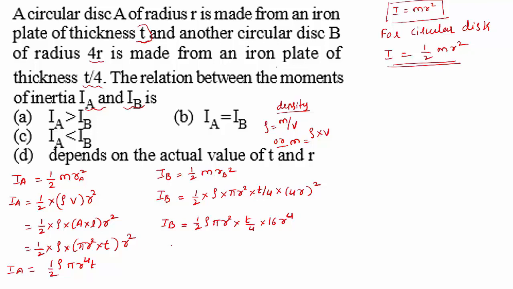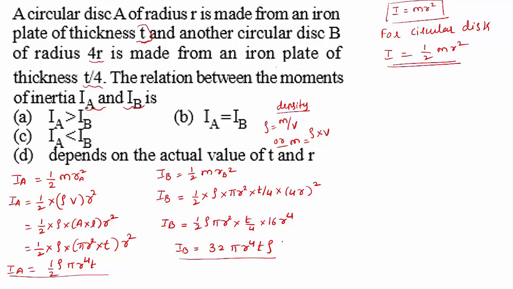Now the final equation we will get, I_B equals 32 pi r raised to 4 T into rho. So this is the value of I_B and this is the value of I_A.